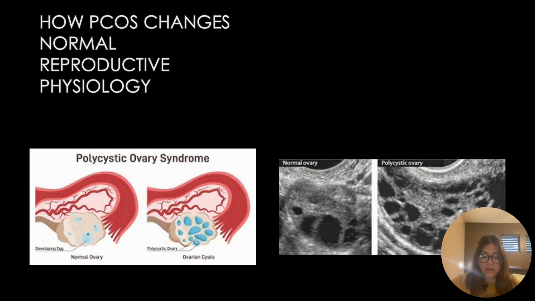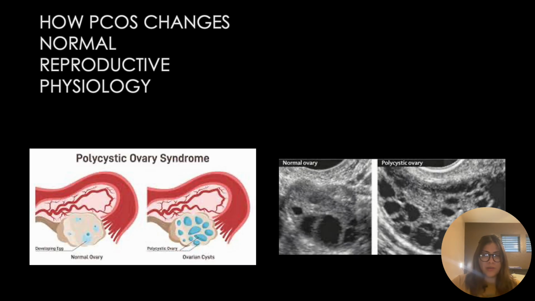And then third, many women with PCOS have insulin resistance, which increases insulin levels. High insulin stimulates the ovaries to make even more androgens, creating a cycle that makes the symptoms even worse than they already are. On an ultrasound, we usually see an enlarged ovary with many small follicles. Sometimes they call it a string of pearls.